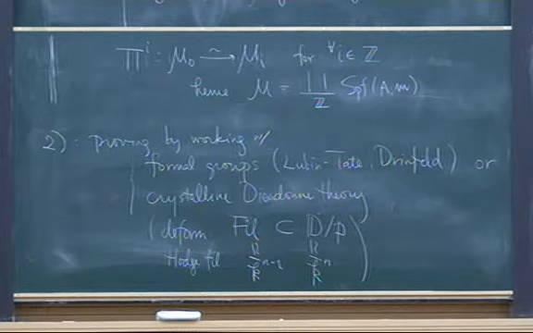And I can define a map g. For each g, U has to be small enough so that these are defined.